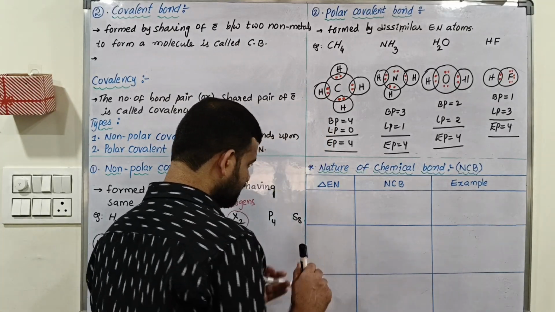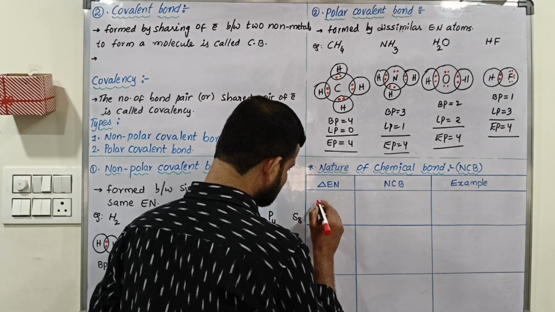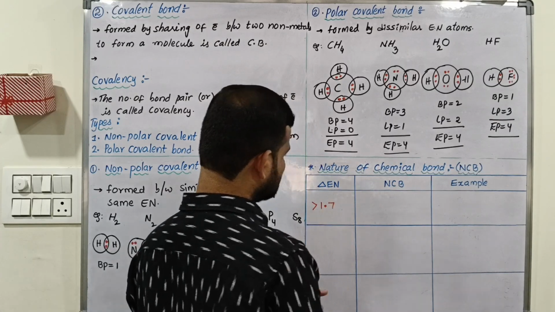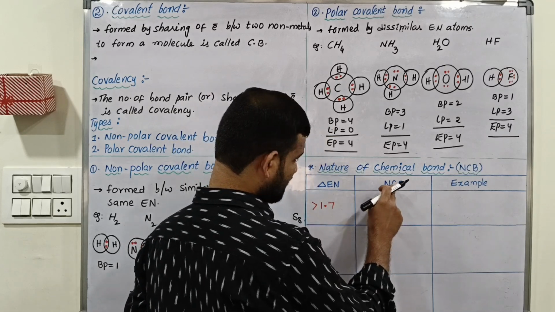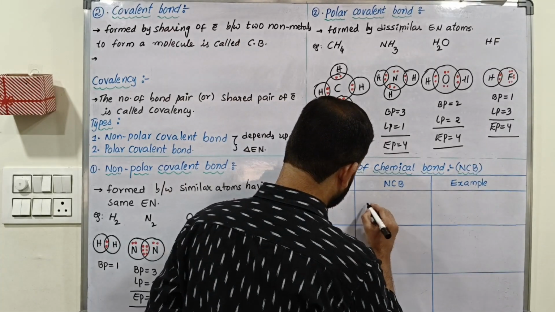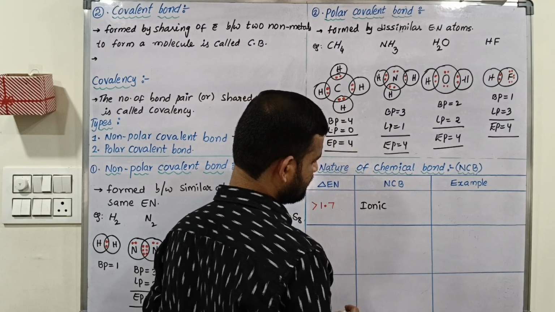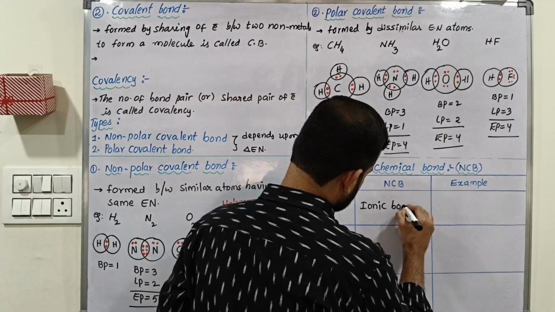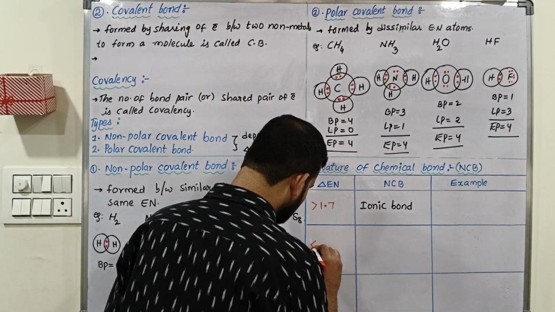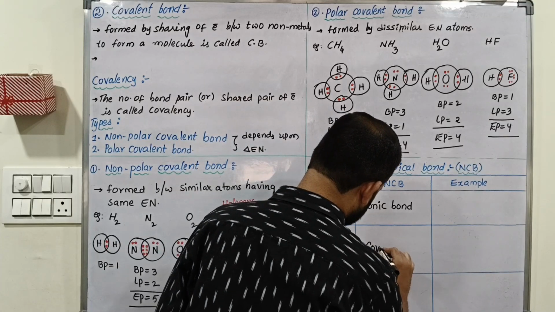If the electronegativity difference is greater than 1.7, the nature of the chemical bond is ionic. Ionic bond.